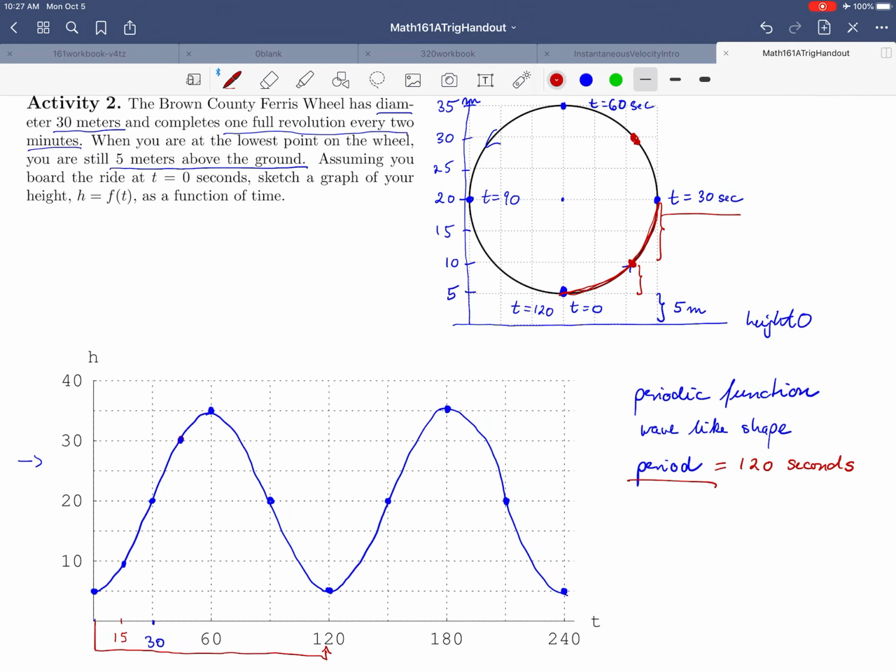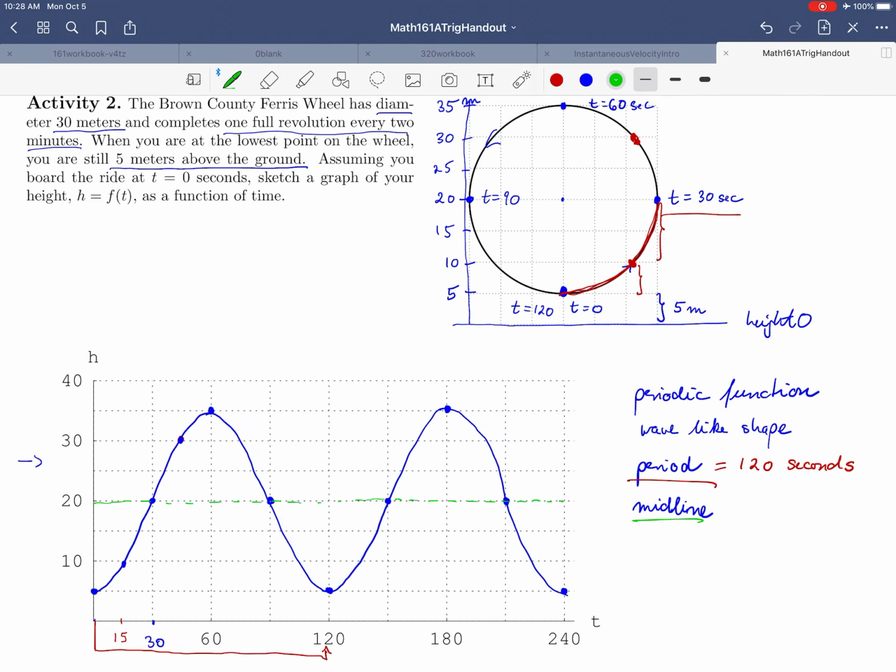A second feature that we can talk about is the midline. The midline is a horizontal line midway between the function's maximum and minimum output values. So we can see the midline in our graph right here.